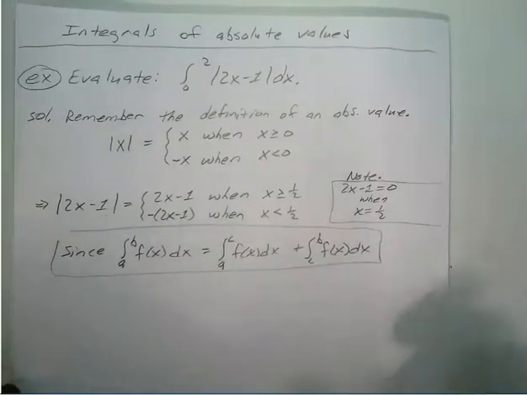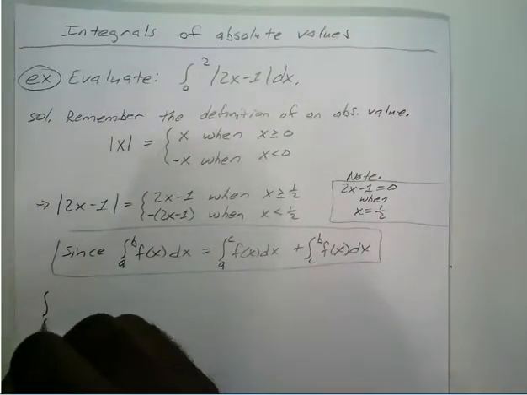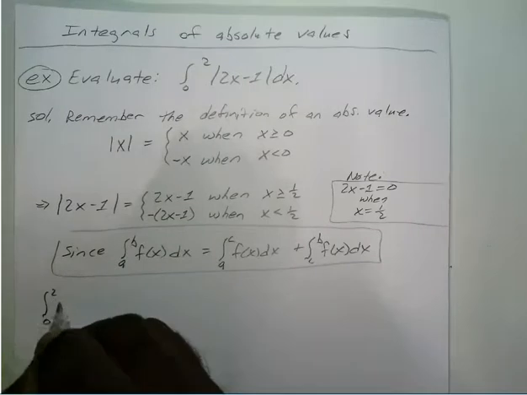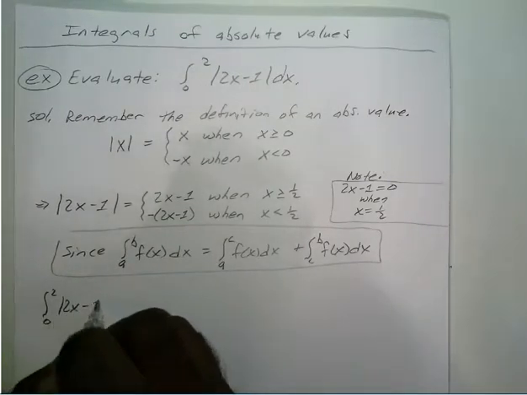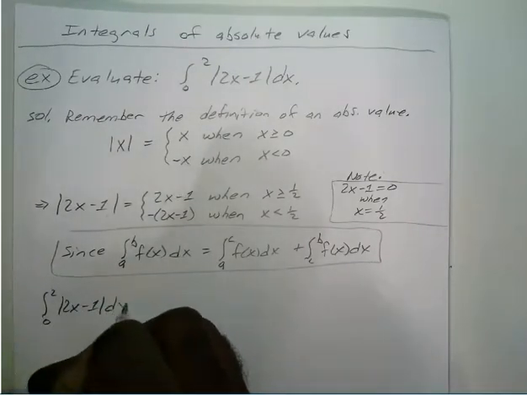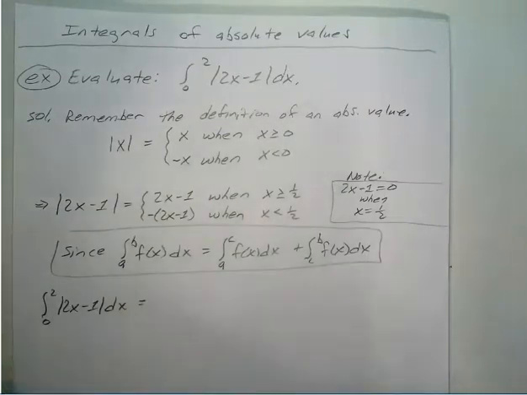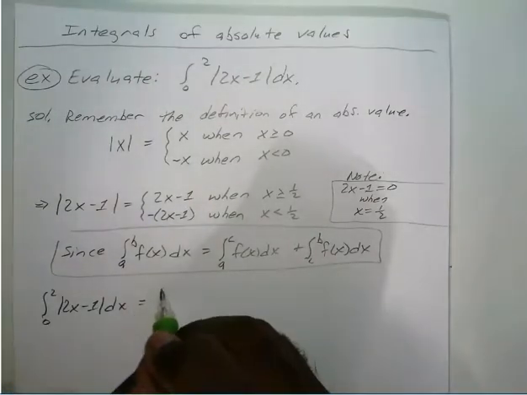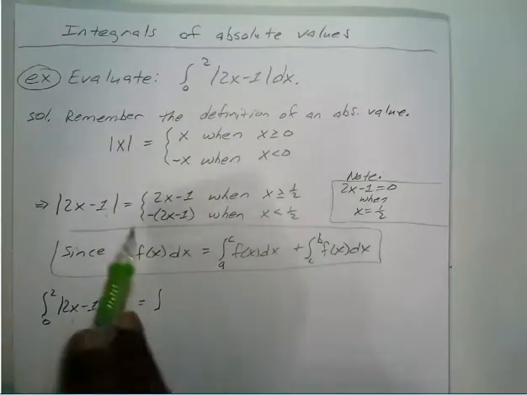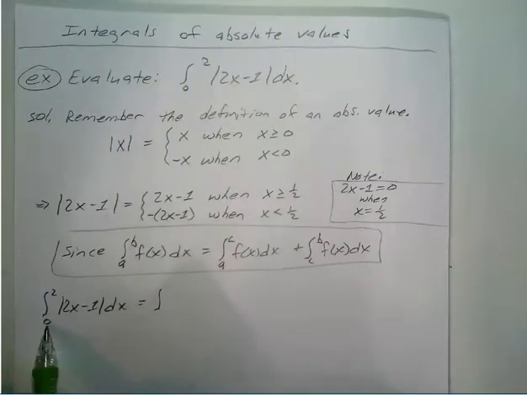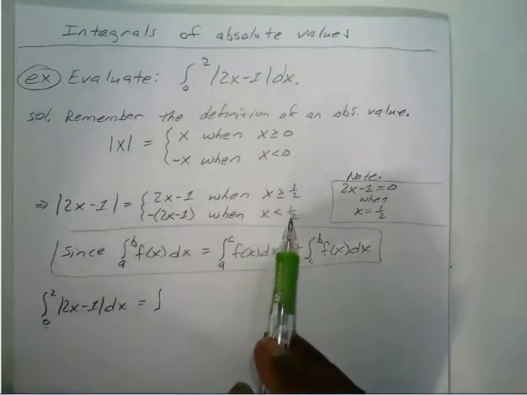That means the integral from 0 to 2 of the absolute value of 2x minus 1 with respect to x is going to equal the integral, remember, we're going from 0 but we're stopping at 1/2.